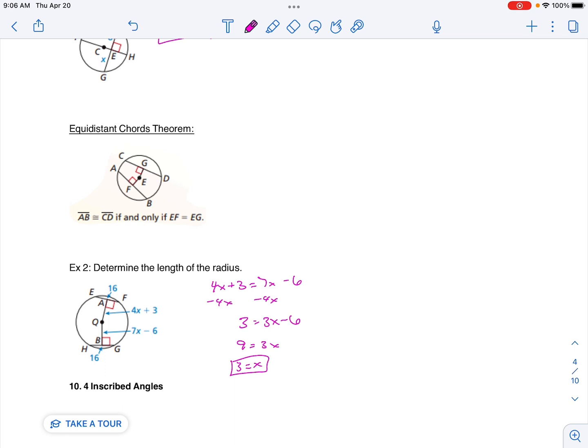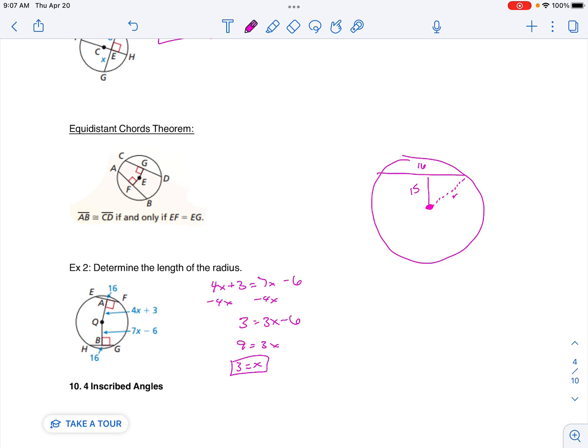So I'm going to actually draw a picture up here. EF is 16. This Q to A. So if I plug 3 in there, I got 4 times 3 plus 3, which is 15. They're wanting to know the radius.